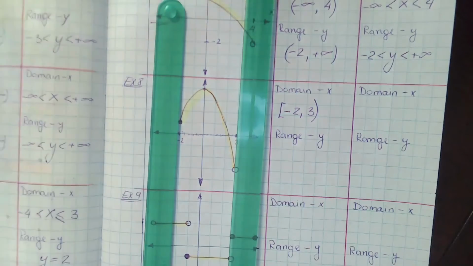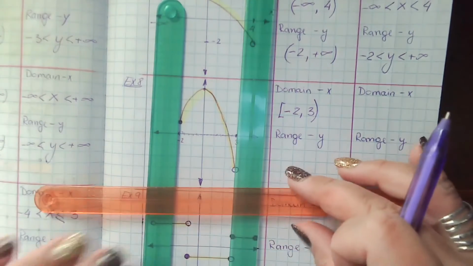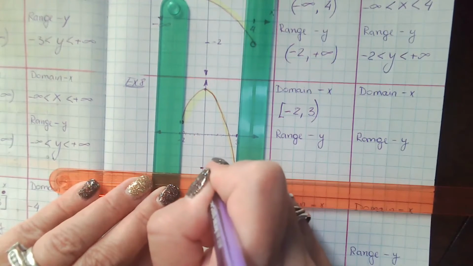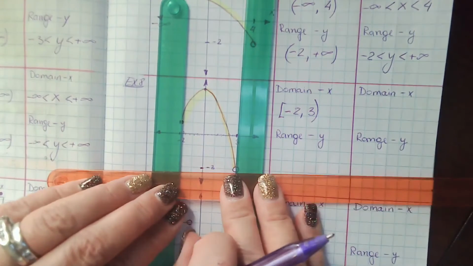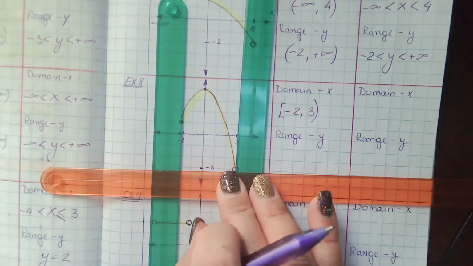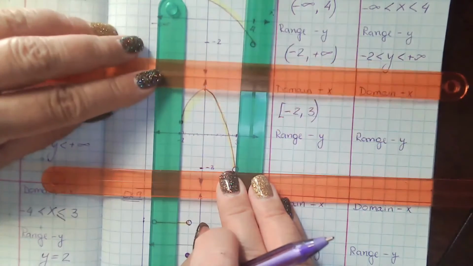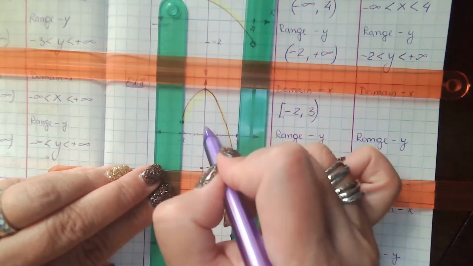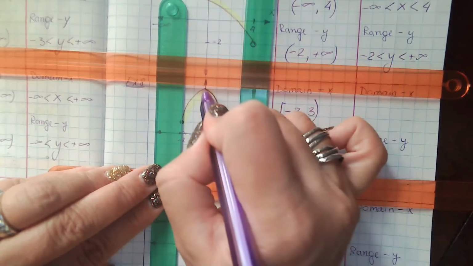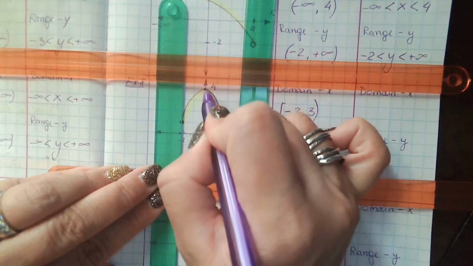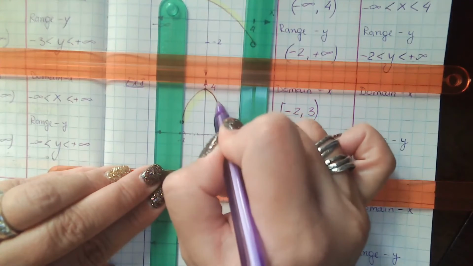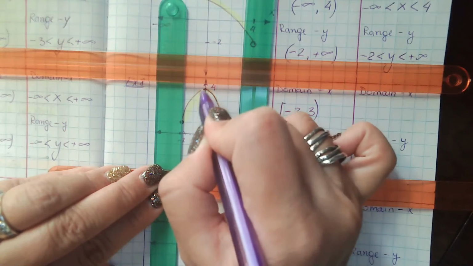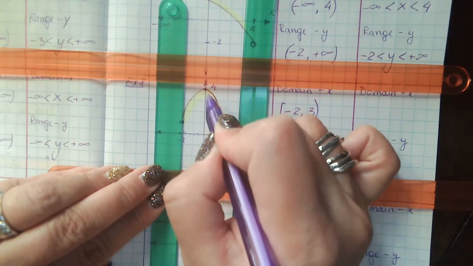For the range, I have to go from the bottom. The least value of the function is -3, so that's the lowest point of the function, and the greatest y value is 4: 1, 2, 3, 4, and right here is the curve, so it is a solid curve. In other words, there are no blanks, so that 4, being part of the curve, will be an included value.